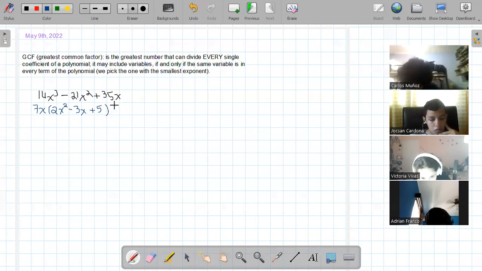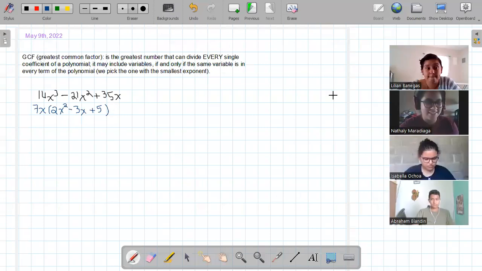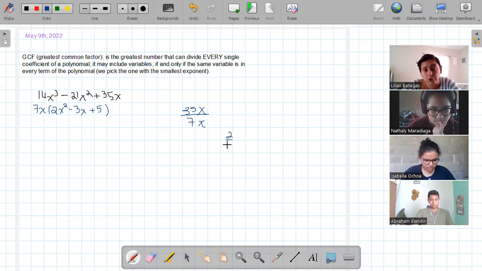Questions so far? I have one question. Do we not add the x in the 5? We just leave it like 5. Remember, in this case, we're dividing 35x by 7x. We got the same variable in the numerator and in the denominator. And we know that when we have, for example, 2 over 2, that is 1.